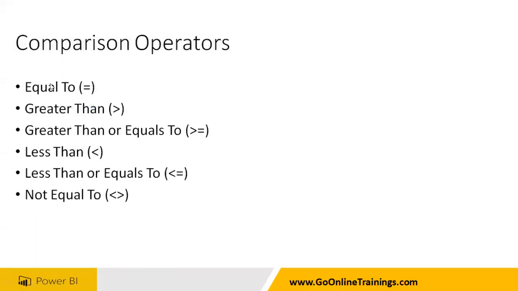Then we have comparison operators: equals to, greater than or equals to, lesser than or equals to, or not equals to. This is also very easy to use. If the salary is greater than something, you do some action, else you do something else. Whenever you want to perform any condition, we can go in for this kind of comparison operators.